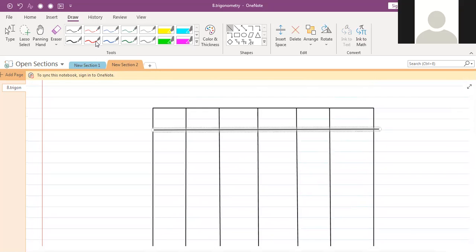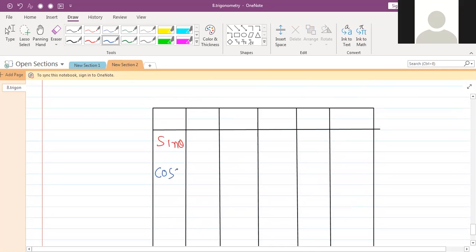Okay, so here I write my trigonometric ratio sine theta. Then we have cos theta, tan theta. Okay, first I explain this one. In short form I can write t ratio, that means trigonometric ratio, for 0 degree, 30 degree, 45, 60 and 90.